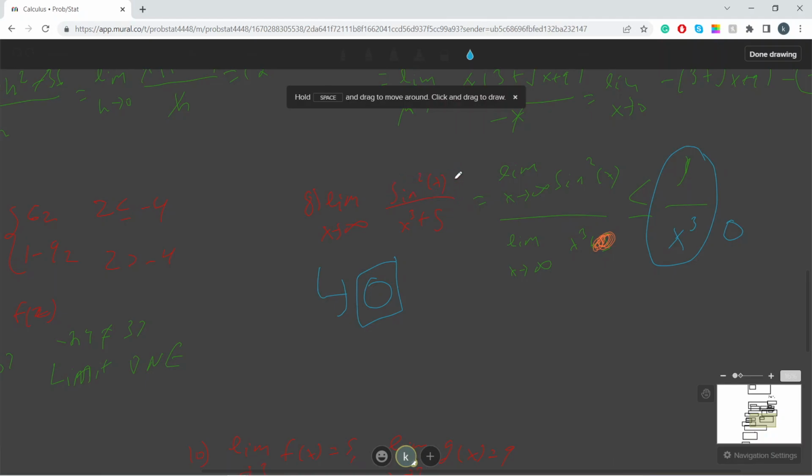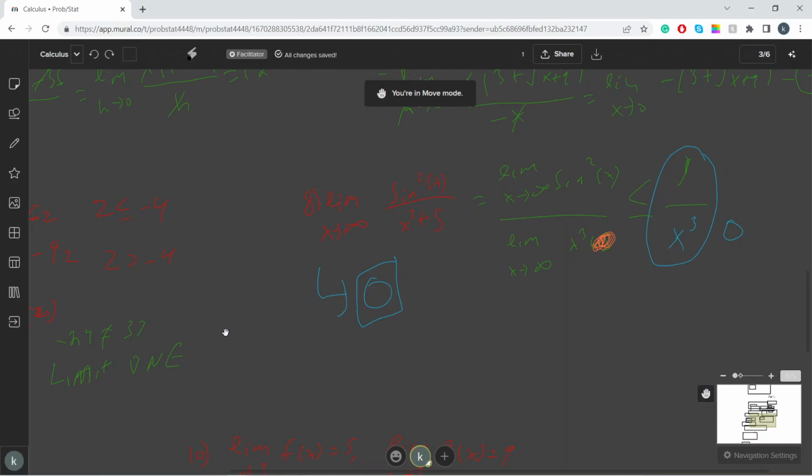If the numerator is not growing as fast as the denominator, the denominator is going to dominate, and a number over a really big number is going to get close to 0. I note that we don't have to worry about sign here, because the denominator is growing so fast. So that takes care of problem number 8, and hopefully this builds an intuition of how to solve limits where x approaches infinity or negative infinity.